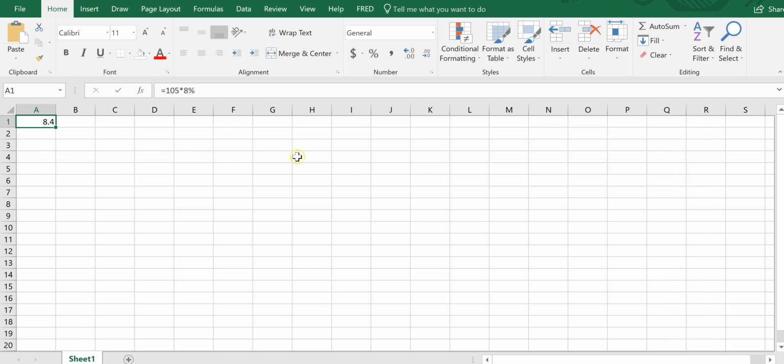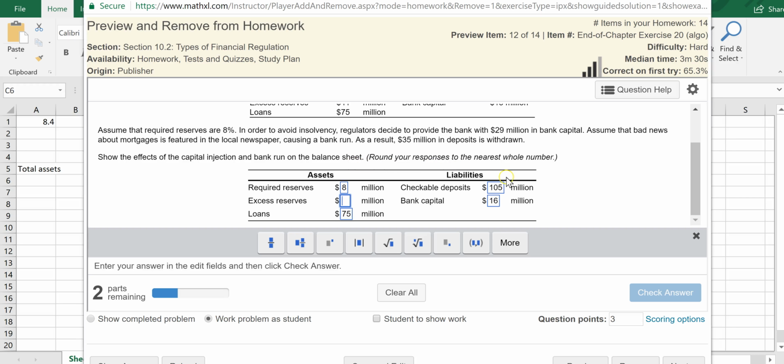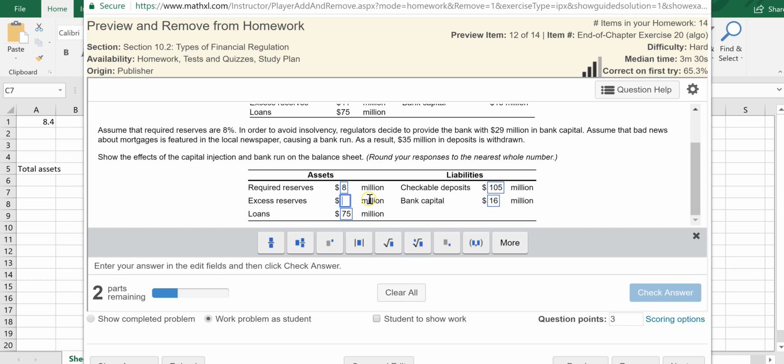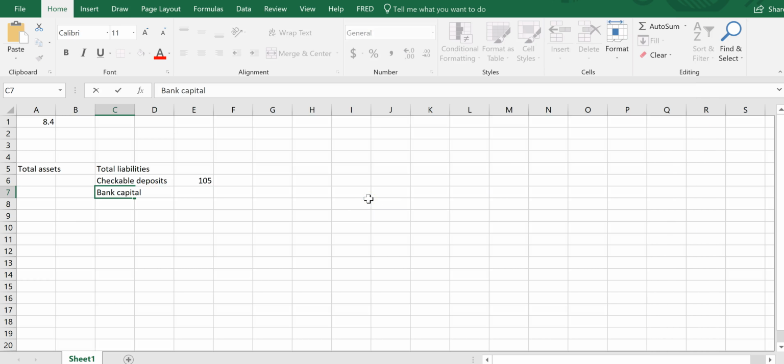using the balance sheet identity. Total liabilities: checkable deposits, bank capital, this is 16, and total assets: required reserves.